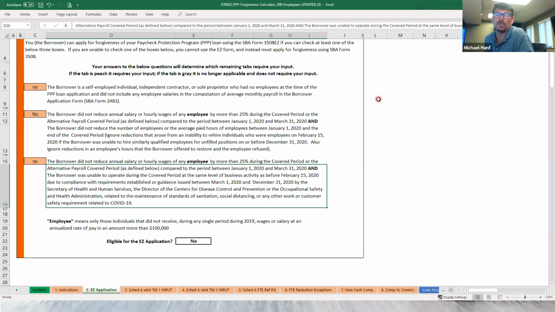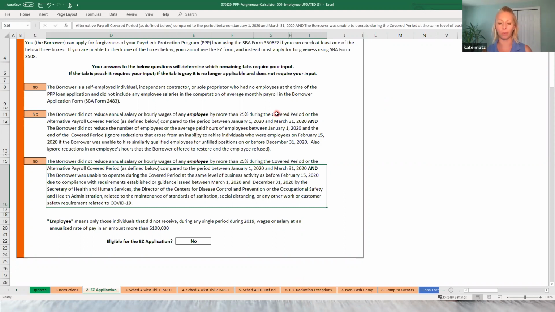If you just terminated somebody for cause, right? That's not part of these exceptions here. So you don't get punished for that FTE, but it does effectively prevent you from using the easy form. Yeah, it's interesting because some of these exceptions here that allow you to still use the easy form are the same as those FTE reduction exceptions we looked at on tab 6, but they're not all on here.